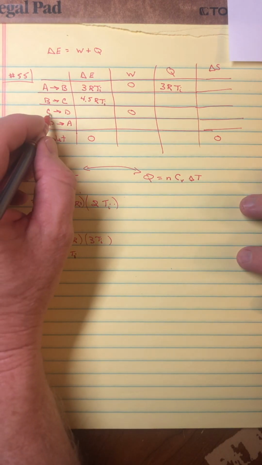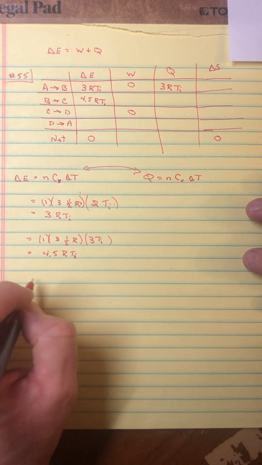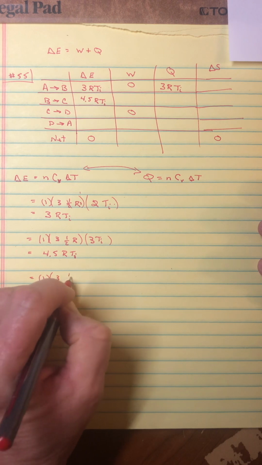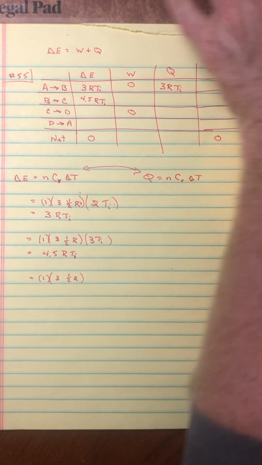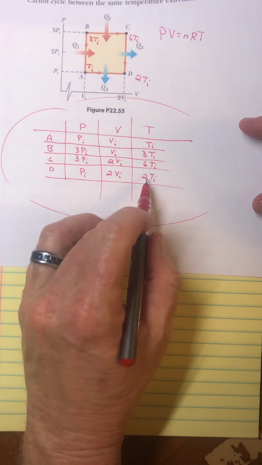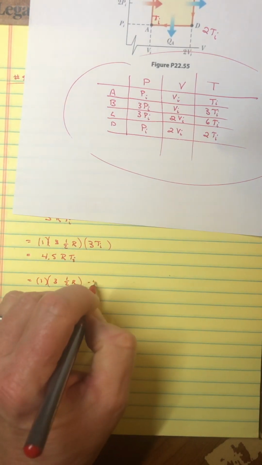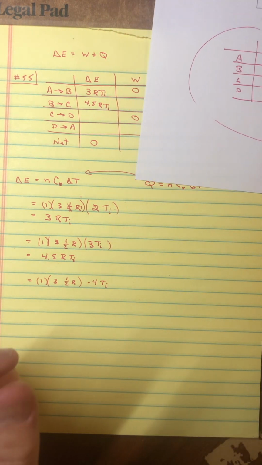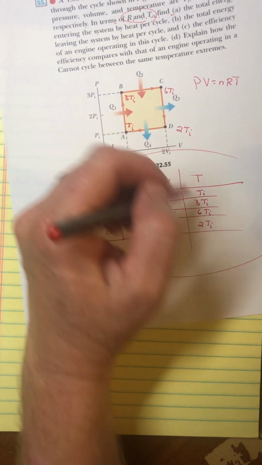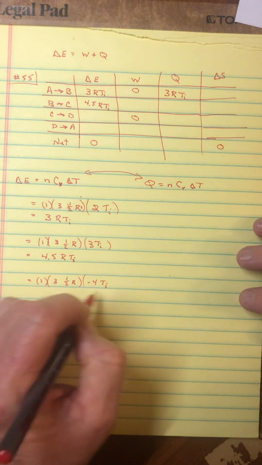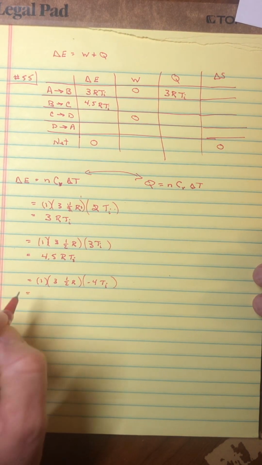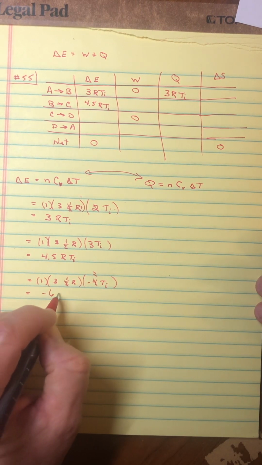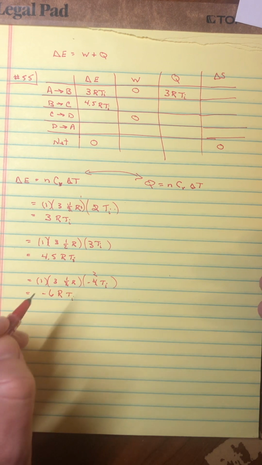Now if I applied this from C to D, so this would be 1, and then 3/2 R. And then if I take the temperature at D, which is 2, minus at C, that'd be a minus 4T initial. Did I do that right? C to D? Yeah, 2 minus a 6. Okay, and it looks like this would leave me with a -4, so it's a -6 RT initial.